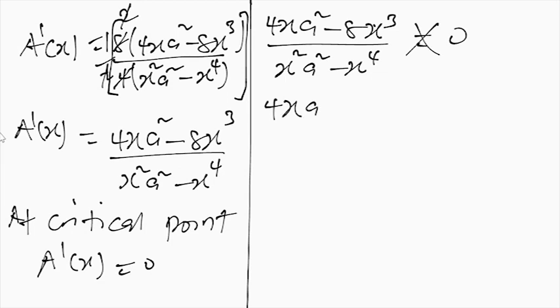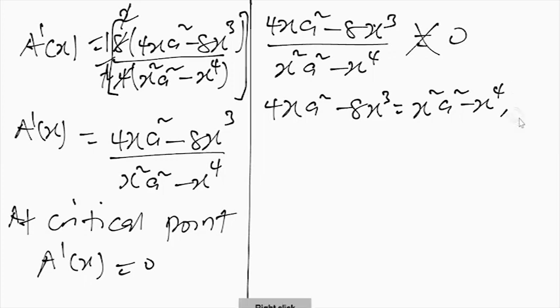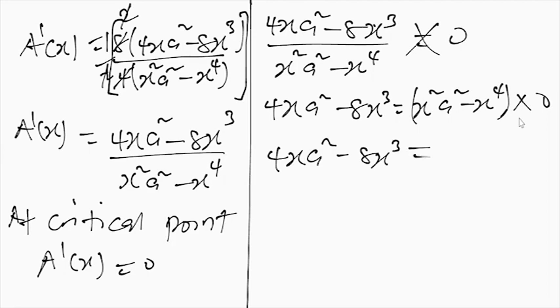Then we have 4x a squared minus 8x cubed equals 0. Then we have 4a squared equals 8x squared. Divide both sides by 4.